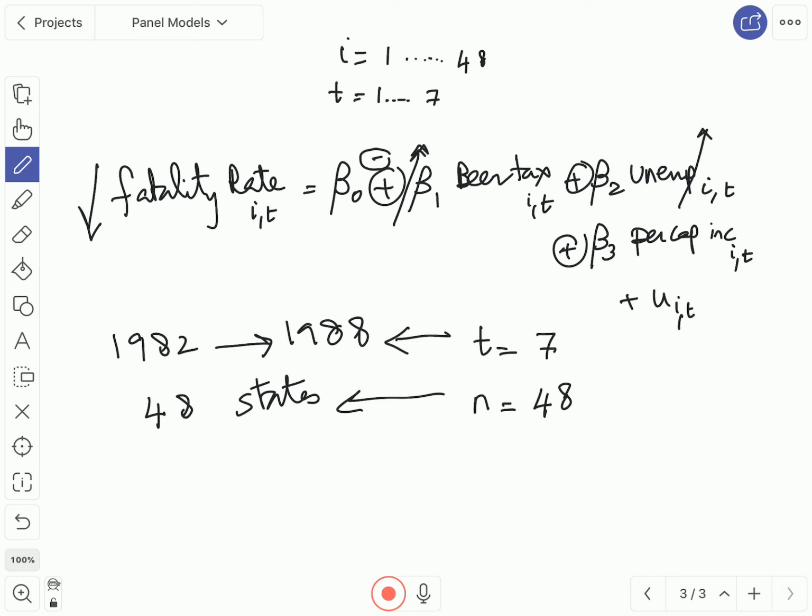So you would expect that the higher the unemployment rate, the lower is the fatality rate. We'd expect this one negative. The higher the per capita income, we would expect this to mean that you have a lower fatality rate. So we will see how these signs are as predicted or not.